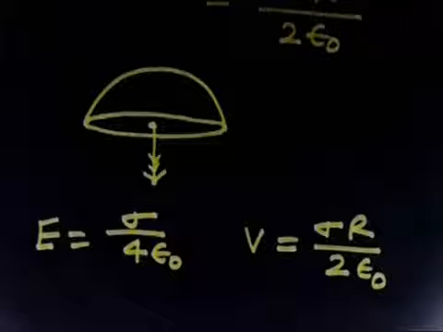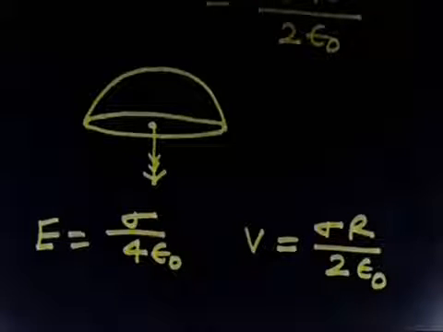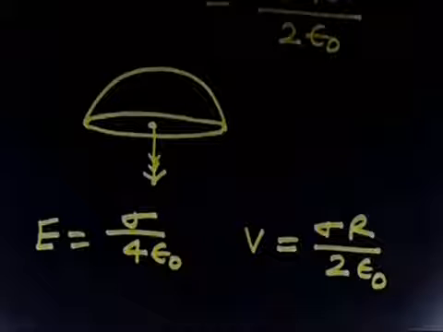These are quite interesting problems. One important point is that you have to take an elemental ring, then find the total charge on that elemental ring, and due to that charge you find the electric field. And of course, if I have a ring, I already have an expression for a ring. I can use that expression. For potential, I know that it is q by 4 pi epsilon r.